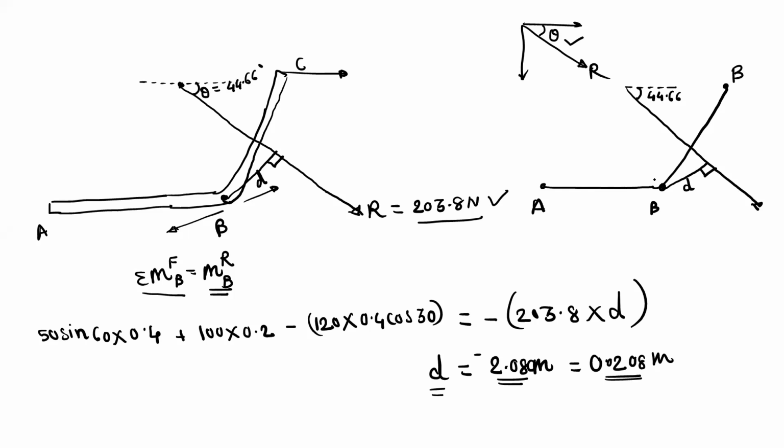Now we have to find this distance. Let us take this point as N. So take the distance BM as X. This triangle will be a right angle triangle. This is B, this is M. Let us take this point as O. This is 90 degrees and this will become the diagonal. So this is X, and we know this angle 44.66.